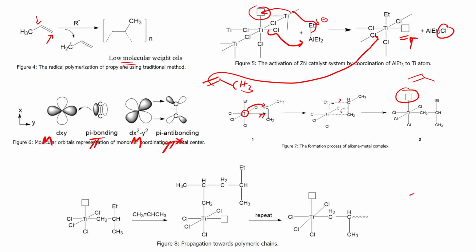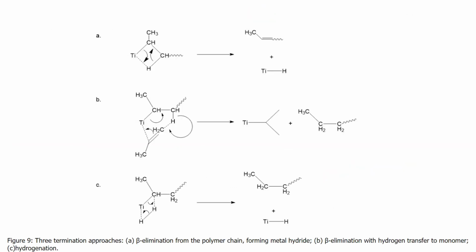That repeating unit comes over here and this thing can repeat, and this is your propagation step. So this one is initiation and propagation. That's how this can be repeated over time and you will have this kind of polymeric chain having linearity.